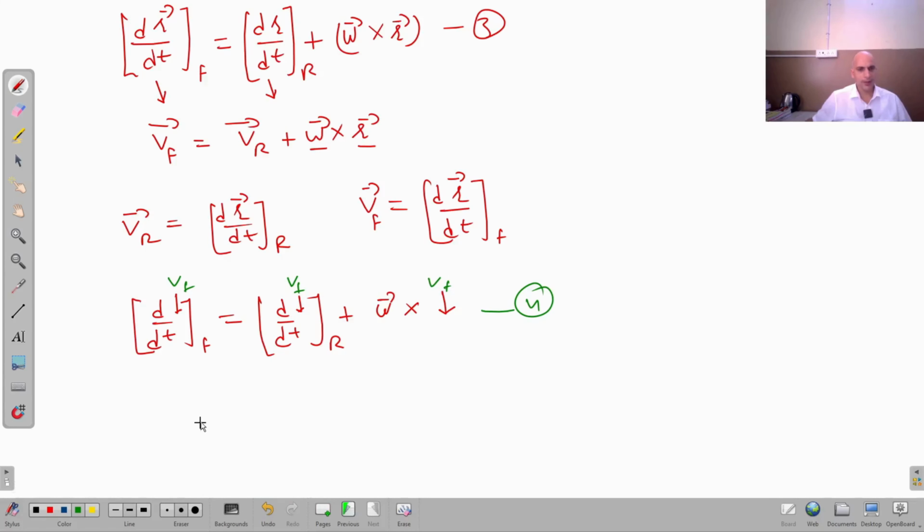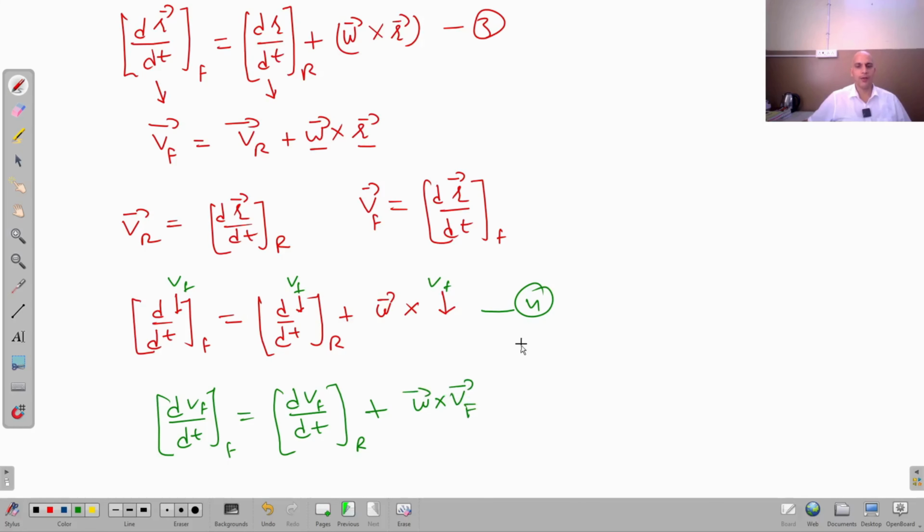You will get dB f upon dt fixed is equal to dB f upon dt rotating plus omega cross B f. This is what I got from modifying equation number 4, and this is equation number 5.